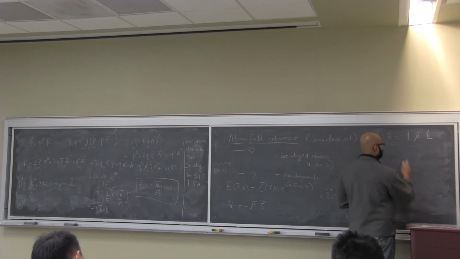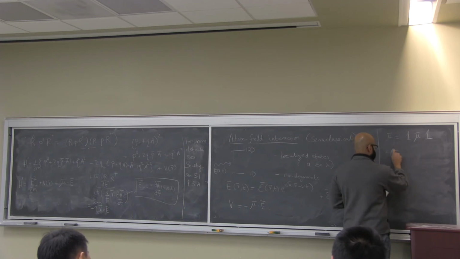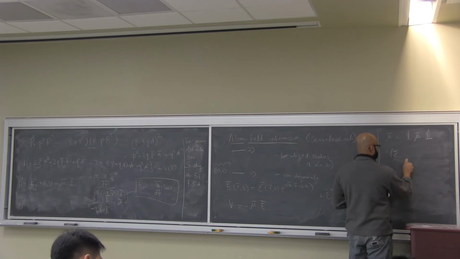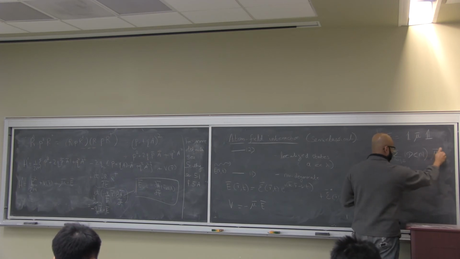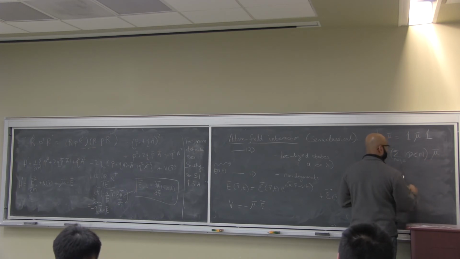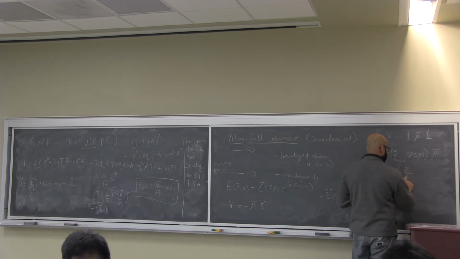We haven't changed anything. And then we use a complete set. This may seem like overkill, but I'll explain why in a second. Essentially, it's a 2 by 2 matrix, right? But of course, you can expand this to any number of levels. So it's good to have this general sort of idea, right?